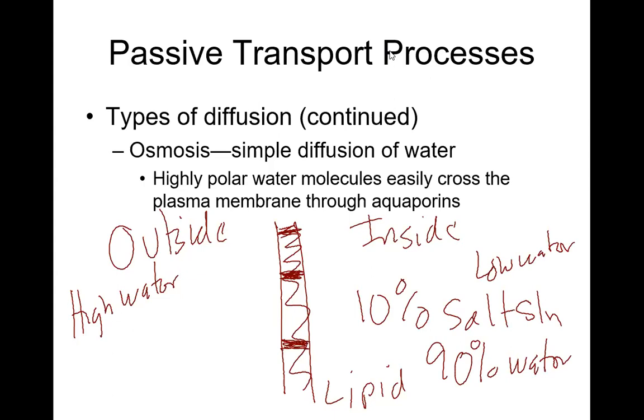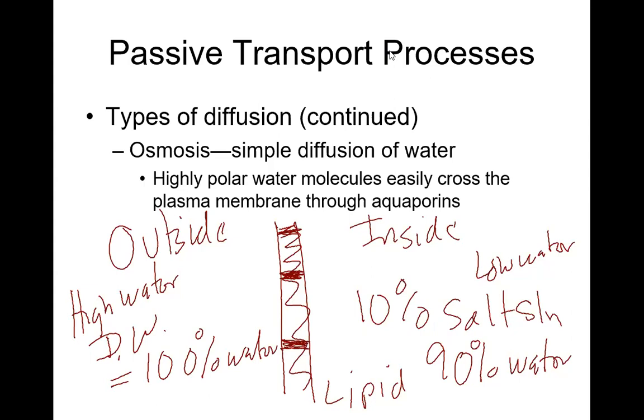What if you place this cell in distilled water? Distilled water, DW, is 100% water. So we have a cell with a membrane. Inside the cell, it is 90% water, 10% salt. Outside the cell, it's 100% water.